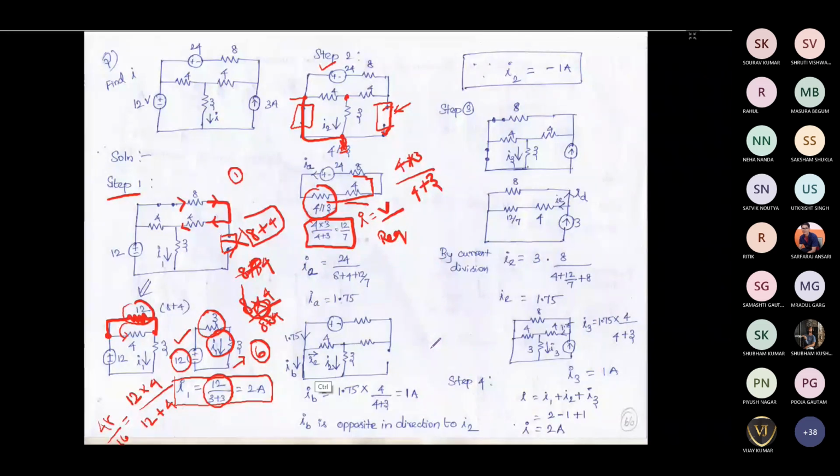Using the current division formula, we found the current through this direction. The current will be flowing here, and this current, which is IB, will be flowing in this path like this. It is very clear IB is in the opposite direction to I2.